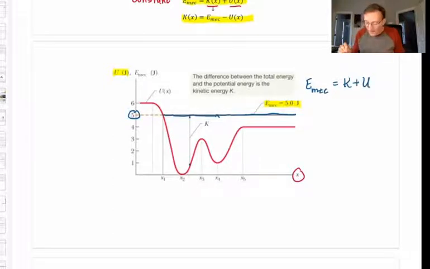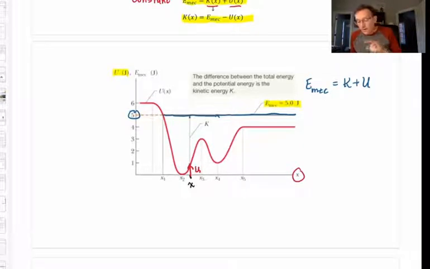So now, at any given x value on this graph, how about right here? I just picked some arbitrary x. The potential energy value, U, is however high you have to go to reach the potential energy curve. So right there is U for that x. Now you add to U the K to get E mech, but E mech is up here at 5.